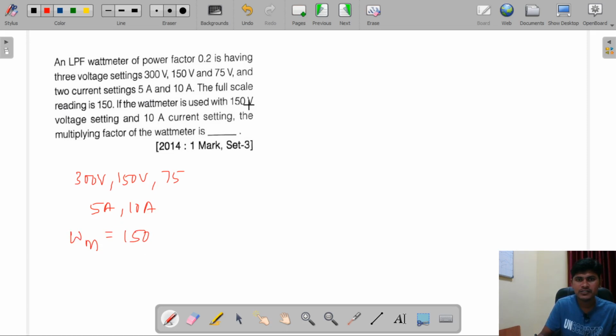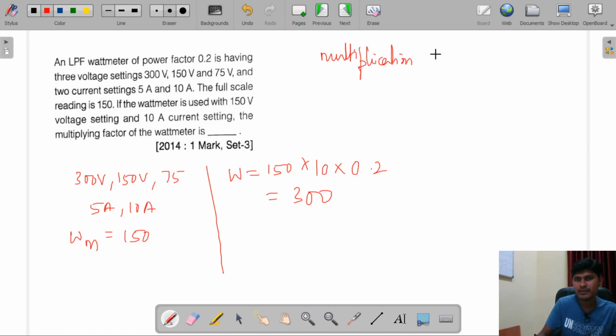Okay, if the wattmeter is used to measure power, that is W equal to voltage into current into cos phi, 150 into 0.2, then you are going to get 300. What is the multiplication factor? The multiplication factor is equal to W by Wm, which is equal to 300 by 150, which is equal to 2.